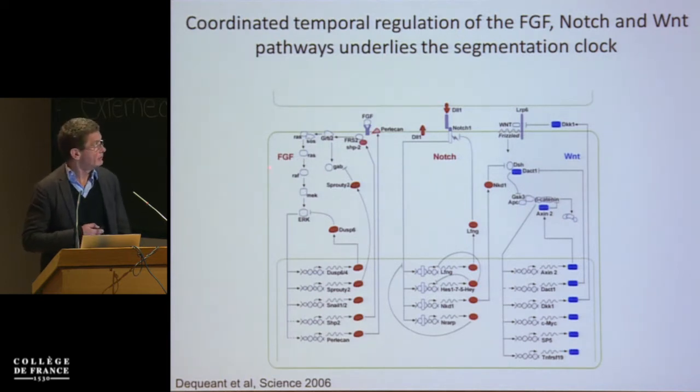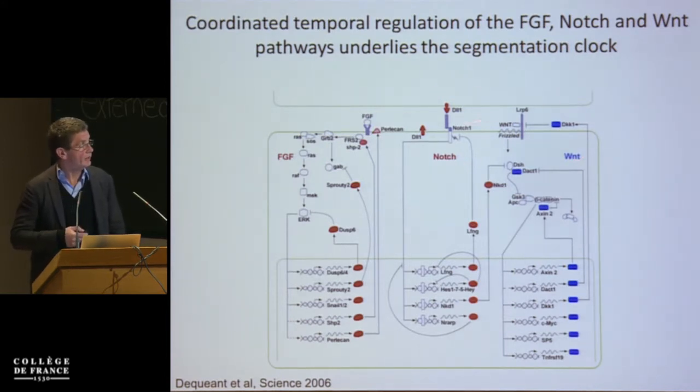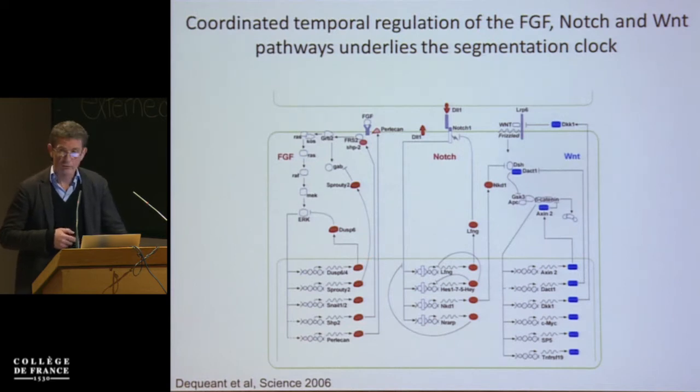We know that they involve the dynamic regulation of 3 major signaling pathways, the FGF, the Notch, and the Wnt pathway. And these 3 pathways are activated throughout the presomitic mesoderm, the tissue that experiences the oscillations. And that leads to the cyclic activation of these genes here that are figured in red or in blue, and which largely correspond to negative feedback inhibitors of these pathways.